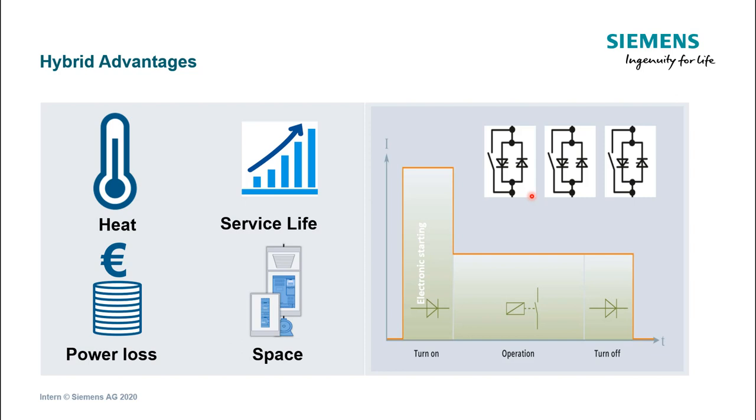So when you look at a DOL or a star delta starter, it's roughly 3 million operations before you have to change the device out. But with a soft starter, you can achieve up to 30 million operations, which means it lasts for a lot longer than a physical contactor. So that's where the benefit is of choosing a soft starter over a mechanical switch.